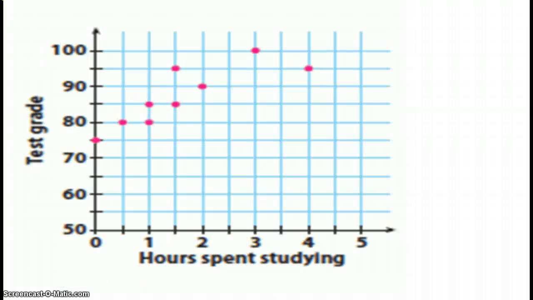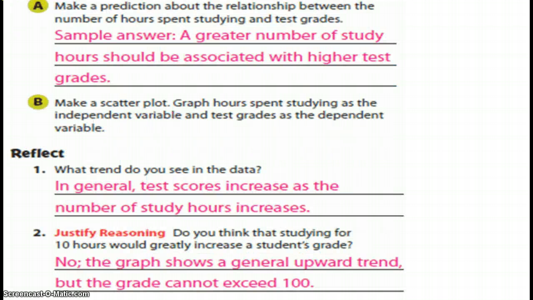So let's flip back and see the trend. As you notice, as it goes from left to right on the x-axis, this data is in general going up in value. So in general, the test scores increase as the number of hours increase.